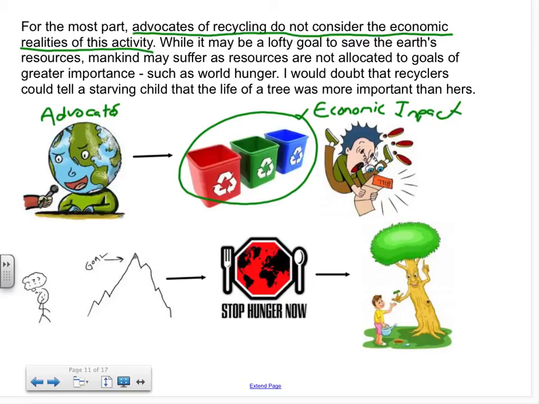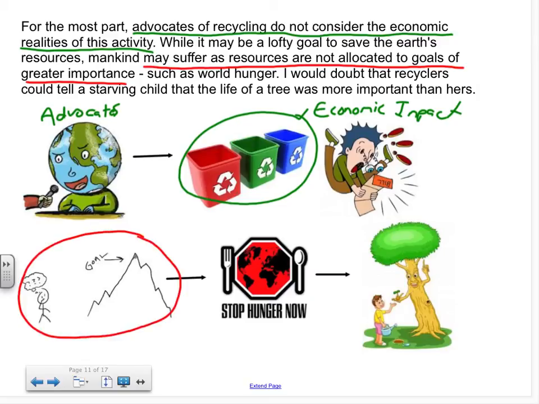Let's go on to the second part. While it may be a lofty goal to save the Earth's resources, mankind may suffer as resources are not allocated to goals of greater importance. And this is represented by this picture here, such as world hunger, and I would doubt that recyclers could tell a starving child that the life of a tree was more important than hers.